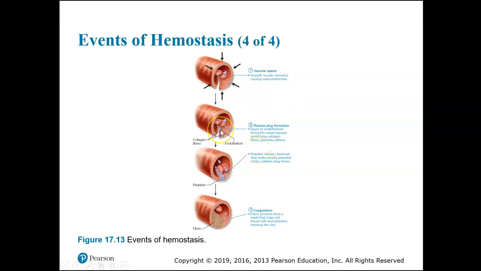Remember, that involves platelets and collagen fibers, and it's a positive feedback cycle that increases until there is a plug in that blood vessel. But for larger injuries, we have to have an actual blood clot formed, which involves fibrin threads becoming interwoven with the platelet plug, forming a mesh.